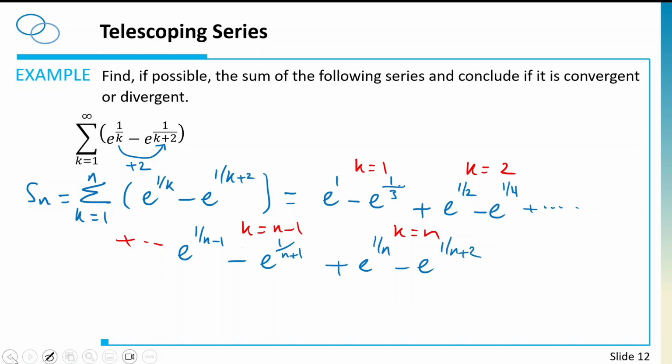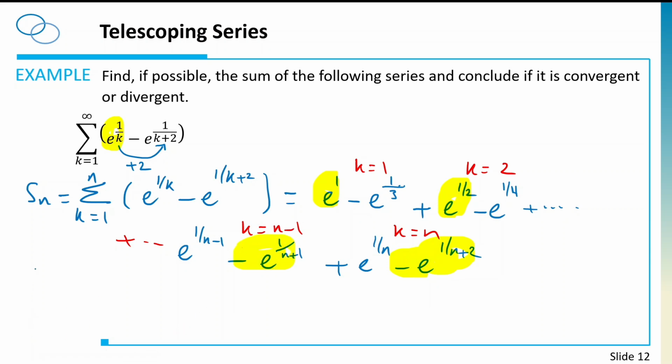Now I know that all the terms will cancel out except what? The difference is 2, so I keep the first two positive terms. Notice, not the first two terms. This is important: the first two positive terms. And the last two negative terms, which are these. Otherwise it will be cancelled out.